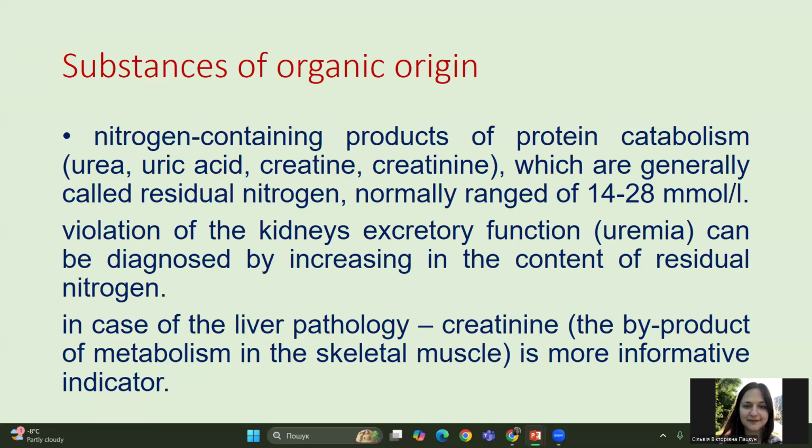Plasma also includes substances of organic origin, nitrogen-containing products of protein catabolism, which are generally called residual nitrogen. Violation of the kidney's excretory function can be diagnosed by an increase in the content of residual nitrogen. In case of liver pathology, creatinine is a more informative indicator.